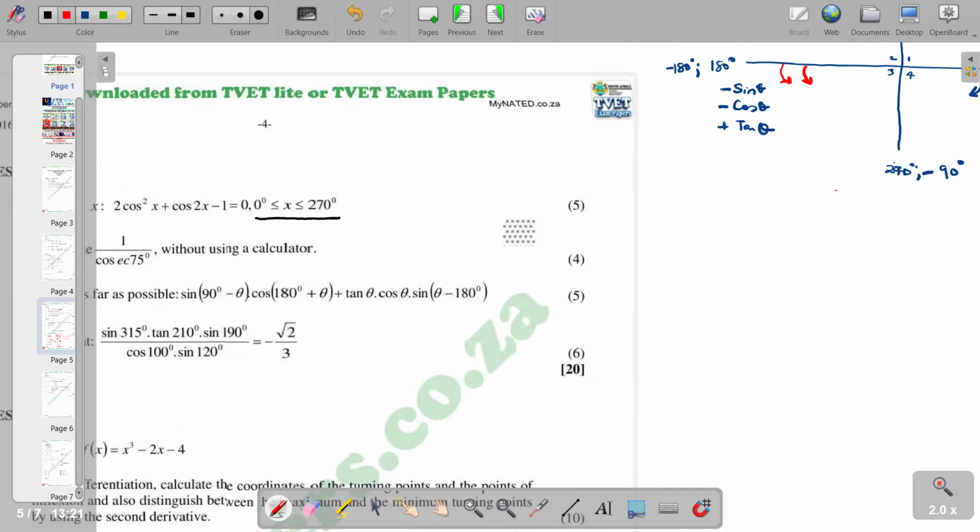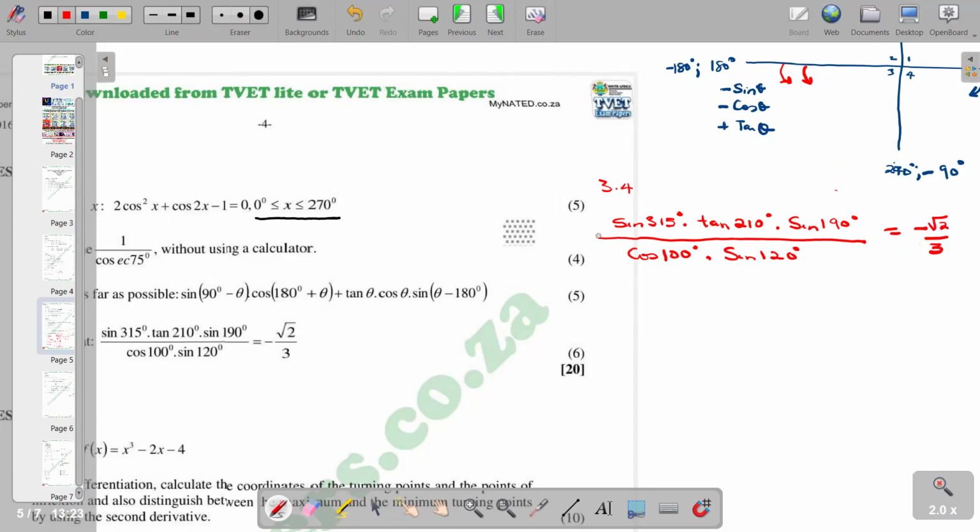It's saying sine 315 degrees, tan 210 degrees, sine 190 degrees all over cos 100 degrees, sine 120 degrees is equal to, saying prove that it is equal to negative root 2 over 3.